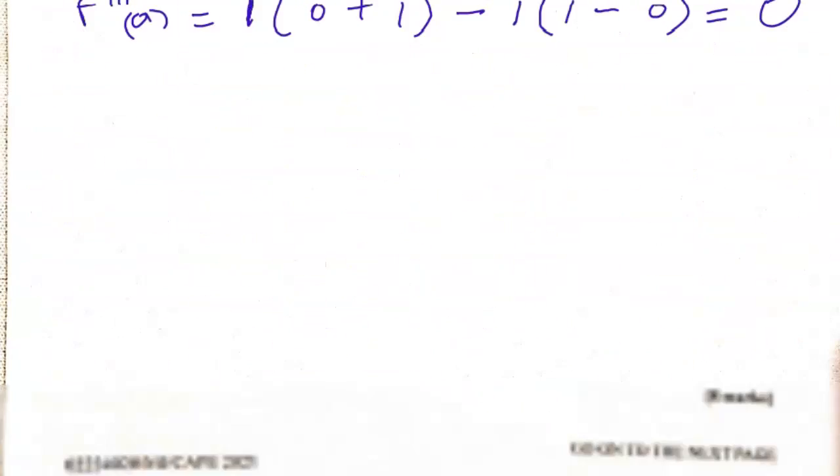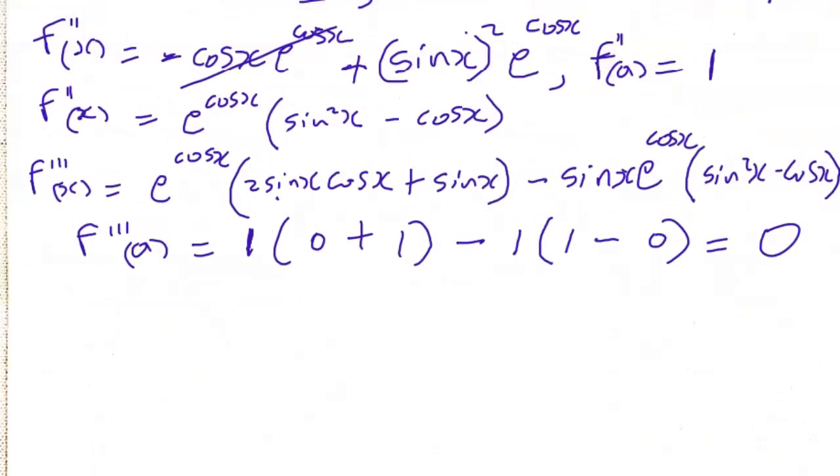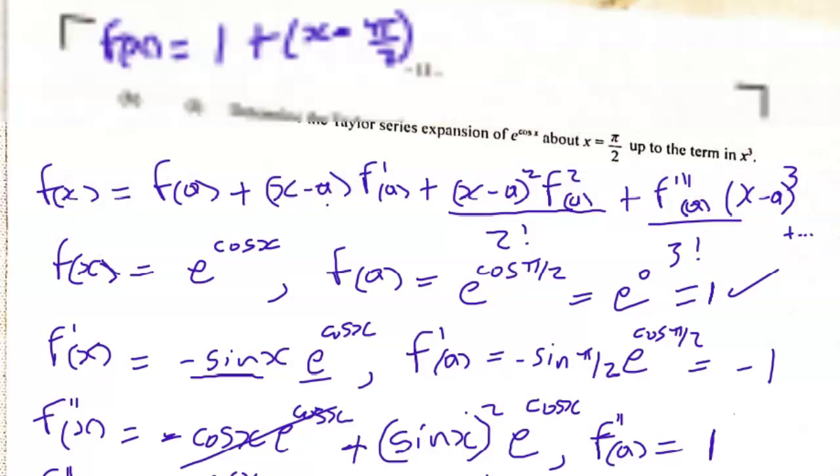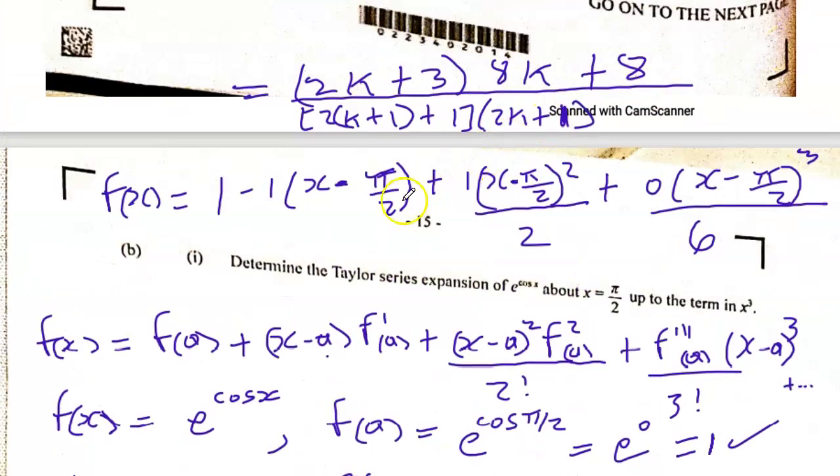Let's move on next. We're asked to use the series expansion to approximate e to the cos pi correct to 2 decimal places. So e to the cos pi. This time we're going to replace the x value with pi. So we're going to come back to the Taylor series expansion and replace all the x terms with pi.